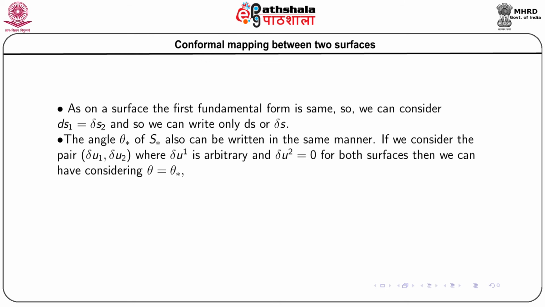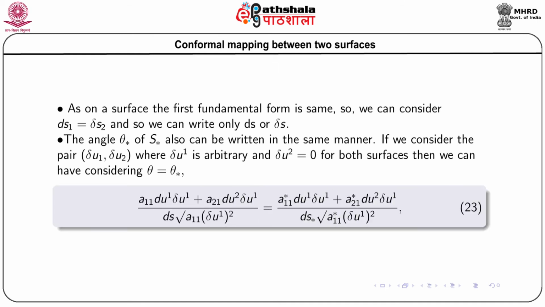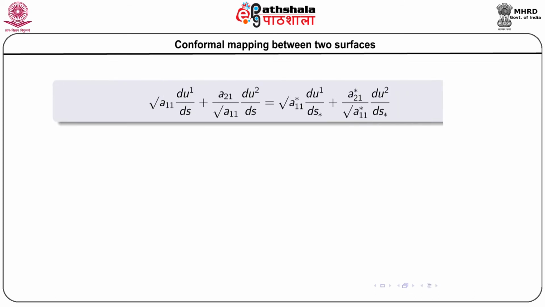If we consider this one, theta equals theta star, then we shall get this one: A11 du1 del u1 plus A21 du2 del u1 by ds root over A11 del u1 square, and similarly the next one. So, from here if we just break these relations, we get this relation.